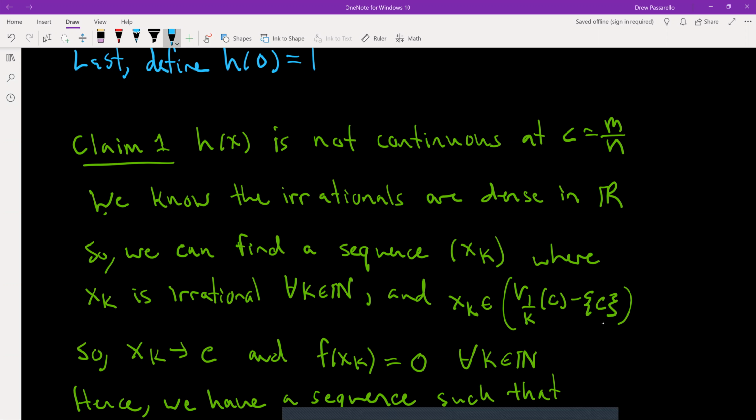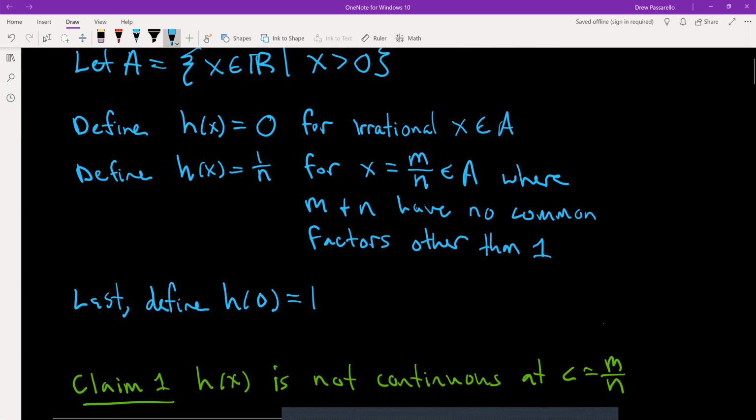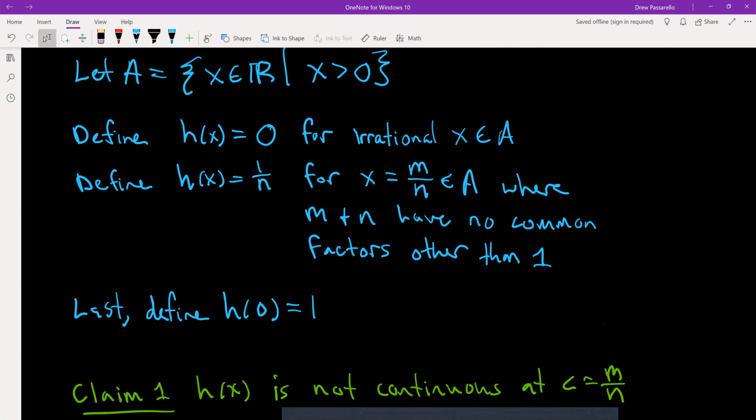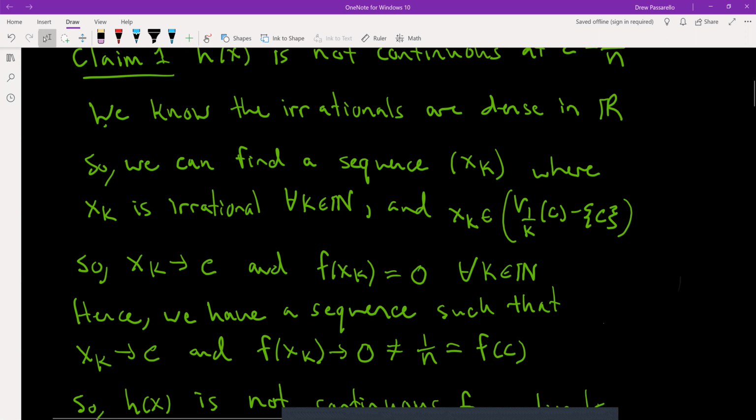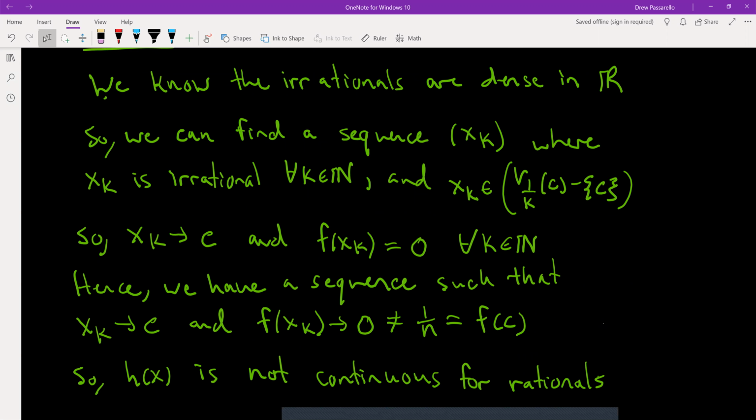So this means we have this sequence xk converging to c, and we know that based on our definition, the function is defined to be 0 for irrational values. So each xk value is going to equal 0 when you plug it into the function.